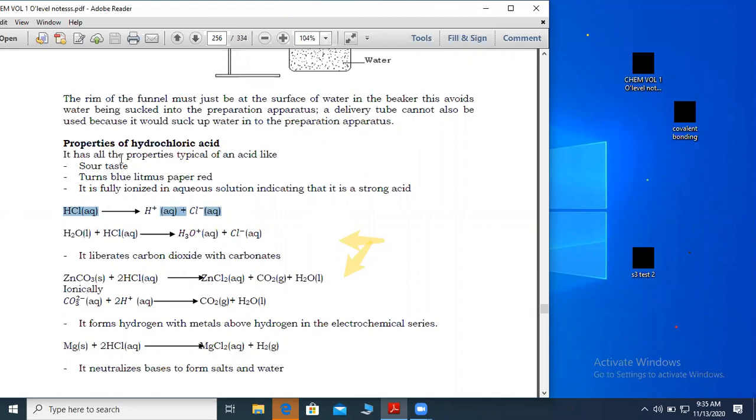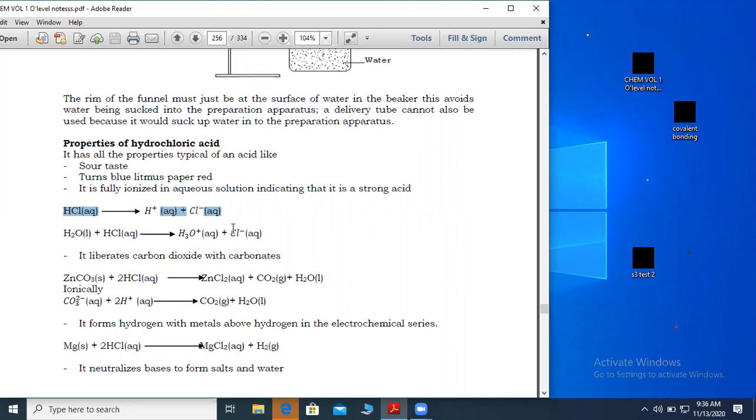Whenever I ask you a question, write an equation to show that hydrochloric acid is an acid. This is the ionic equation I want. Hydrochloric acid, which is formed when hydrogen chloride gas is dissolved in water, ionizes in solution to form hydrogen ions plus chloride ions.